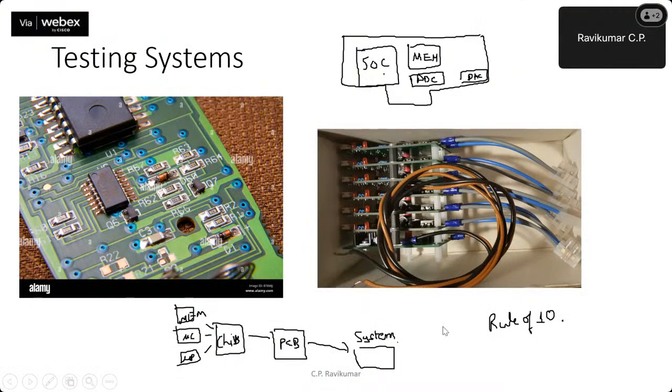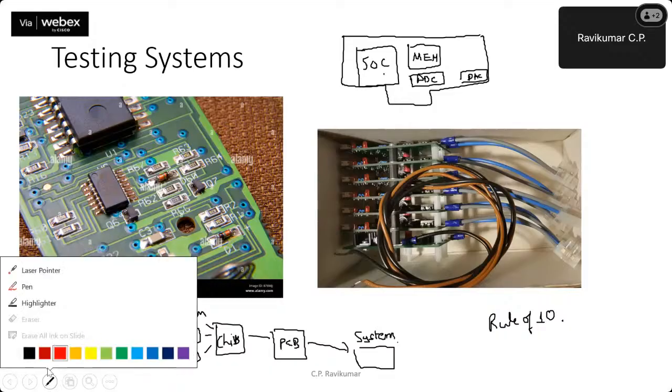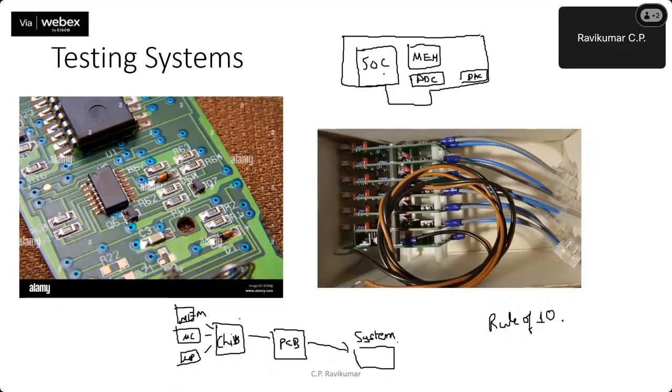So the rule of 10 is a rule about the economics of testing, right? The rule says that the earlier you test and find the defect, the better it is. So for example, we could test the chip thoroughly, and we may be able to find a defective chip and separate it from the good chips.